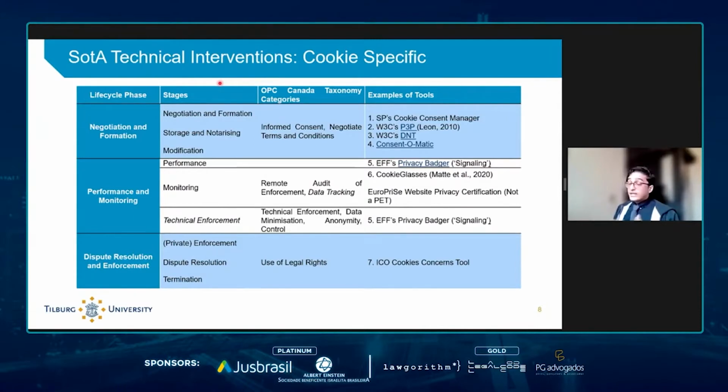Even when it was adopted, there were significant problems with service providers acting opportunistically, abusing the notation and miscommunicating their privacy practices.